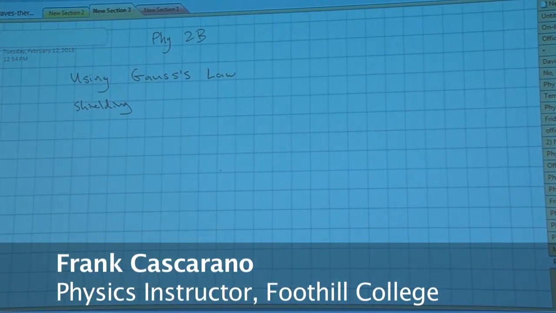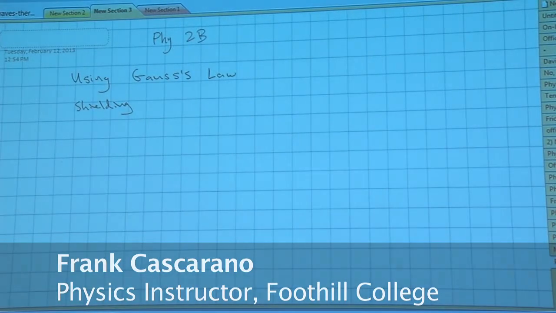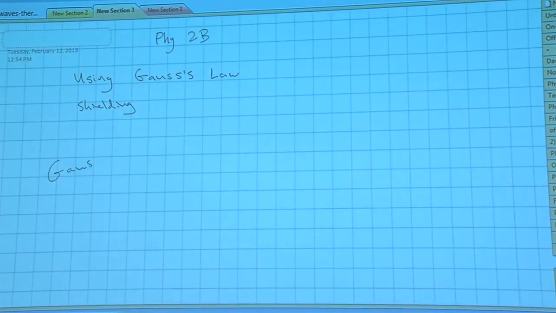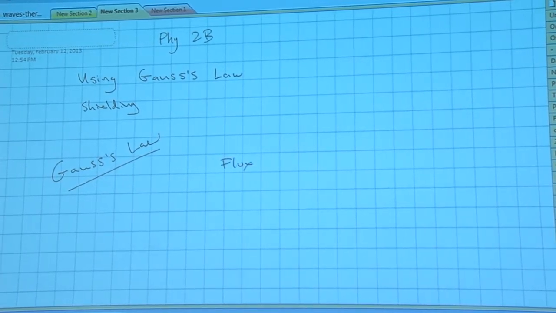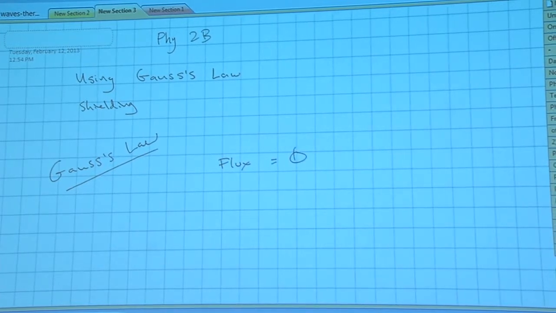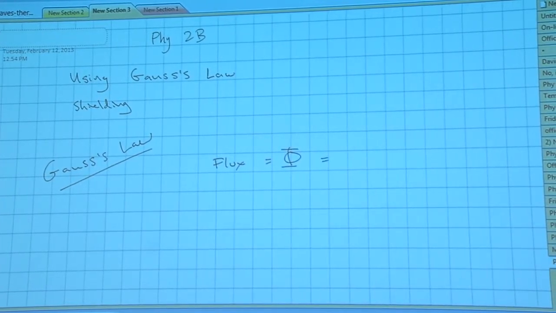So remember, Gauss's law told us that the flux is the electric field times the area times cosine theta, right?